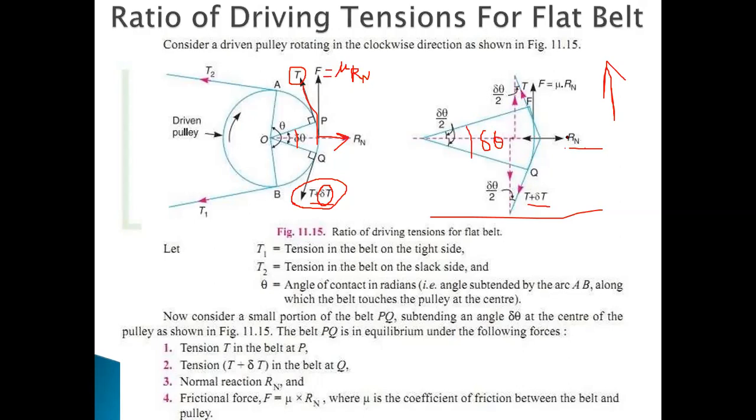Right? So we have to solve this equation. If the pulley is in equilibrium condition, then the summation of the vertical forces and horizontal forces should be in equilibrium. The total upward forces is equal to the summation of the downward forces, and the same for the horizontal.